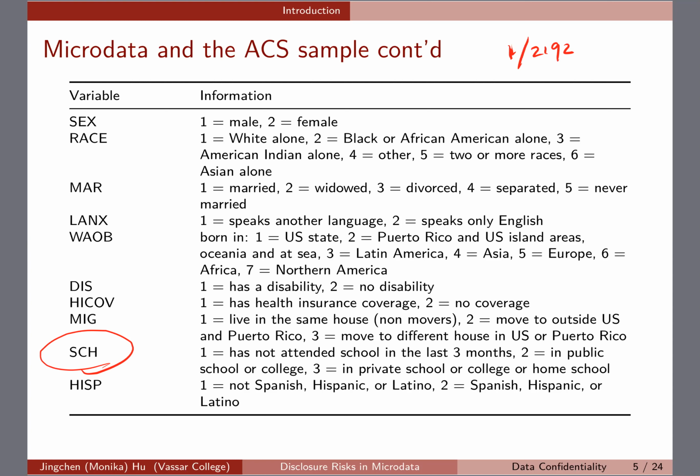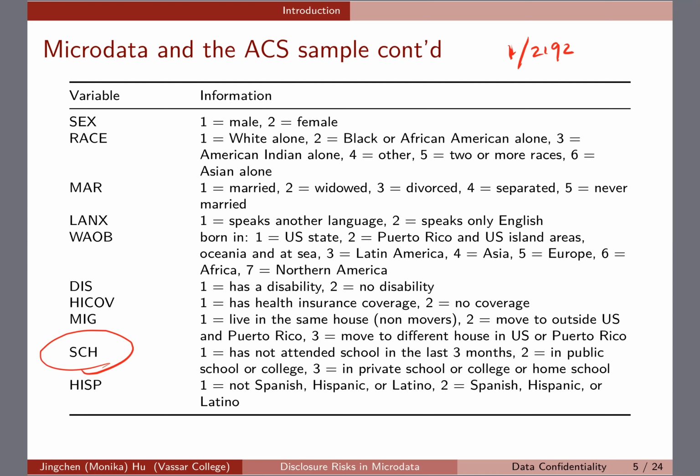Am I confusing you all? I'm saying that all the stuff we're trying to decipher and figure out now, whether it's a true match or not, can only be done if we actually know which one is real. But the intruder would never know. From the data disseminator or the statistical agency point of view, we're on the other side, trying to give protection.